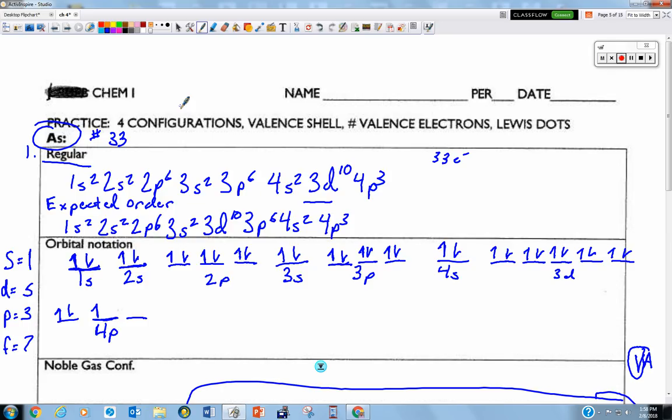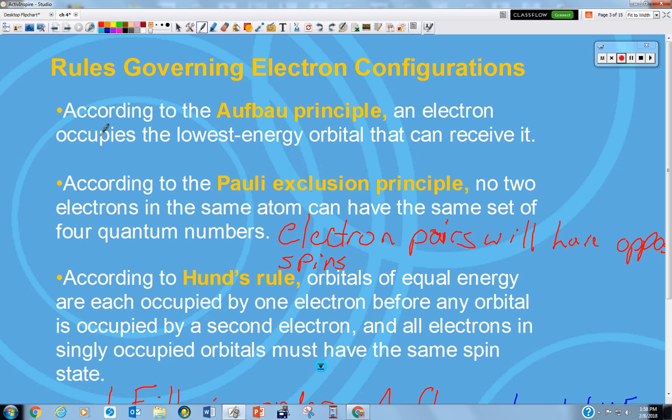So what's wrong with what I did right here? This arrangement actually breaks Hund's rule. Going back, Hund's rule says that each energy level is occupied by 1 electron in any orbital before it's occupied by the second electron.